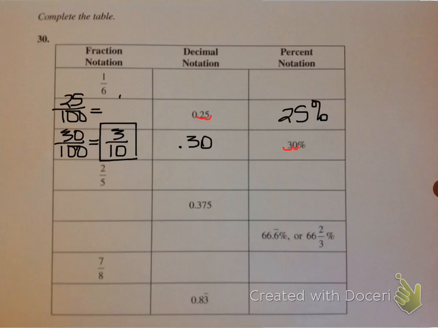If I reduce that, I get 1/4. So again, just deciding which ones you want to start off with. Like if I see this 7/8 down here at the bottom, I would divide 7 divided by 8. That gives me 0.875. Move my decimal point 2 places, and that's going to give me 87.5%.